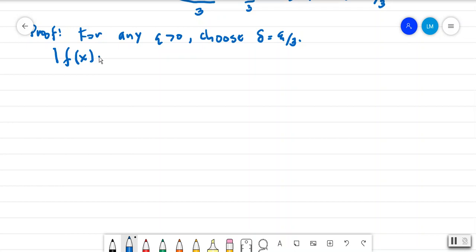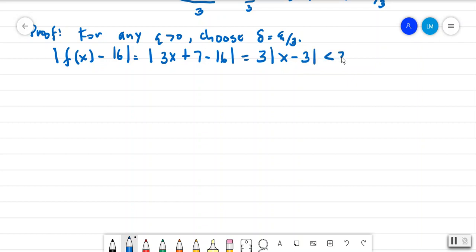The absolute value of f of x minus 16 is equal to, okay, this is where it gets kind of weird, 3x plus 7 minus 16, and that's going to be equal to 3 times the absolute value of x minus 3, which is going to be less than 3 times delta.